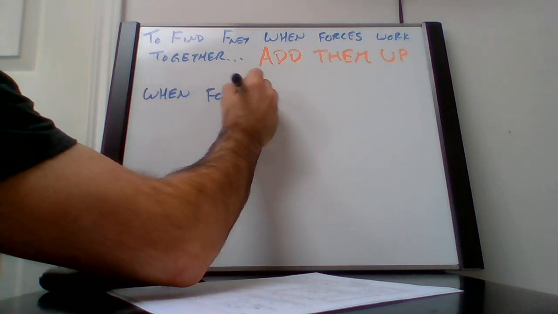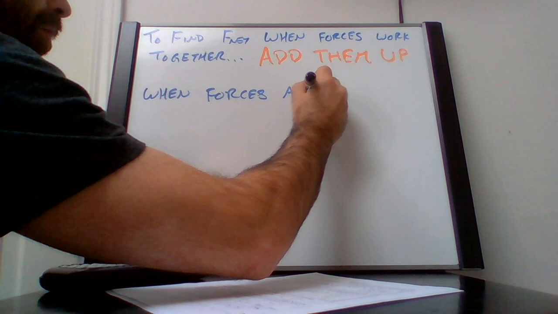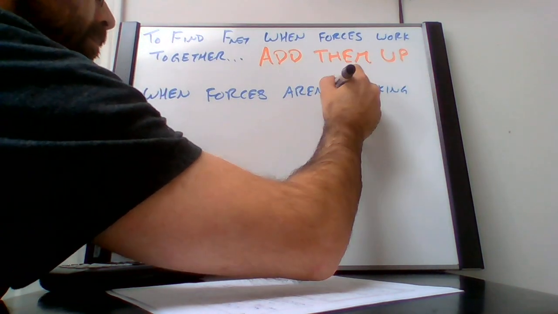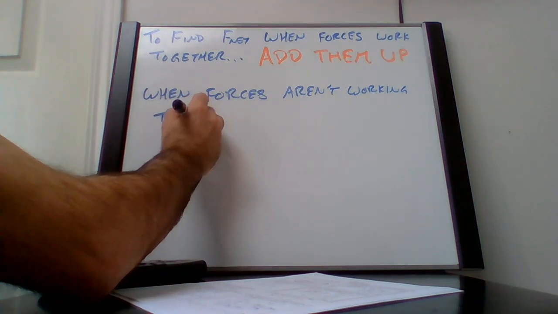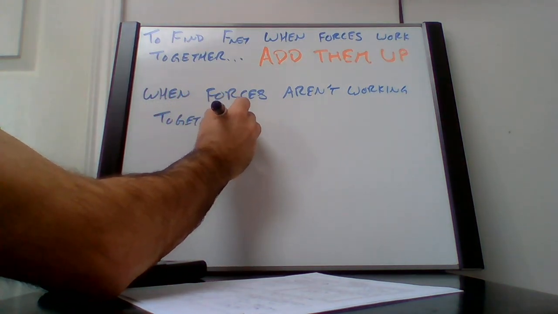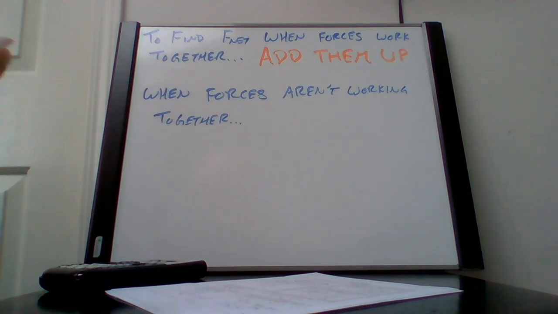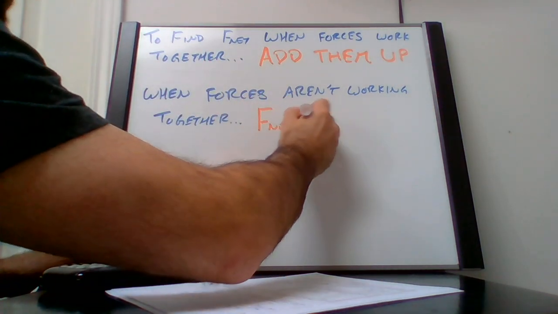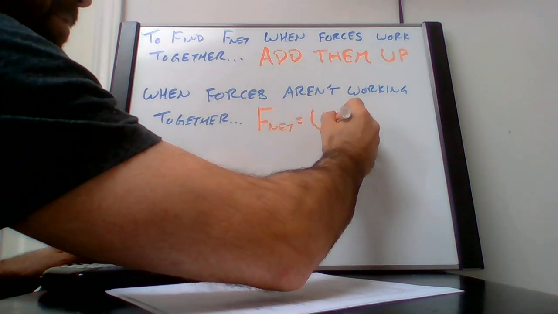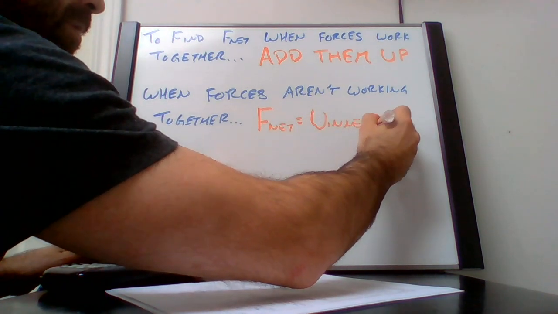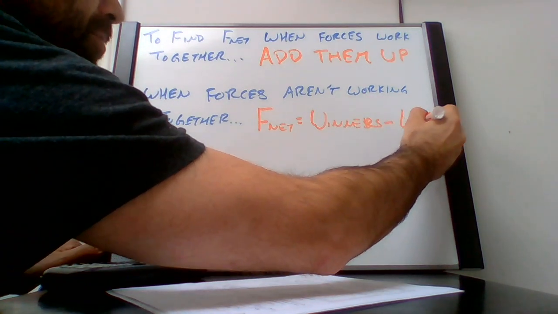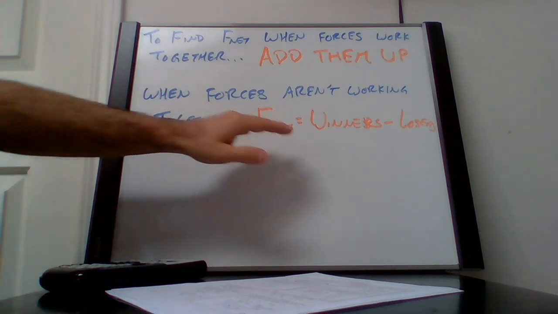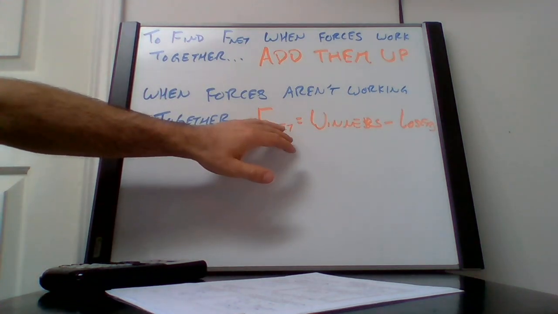When forces aren't working together, for this one, we're going to say that the F net force is going to equal the winner's force minus the loser's force. We're going to come back to that one in a second when we talk about the Batmobile.